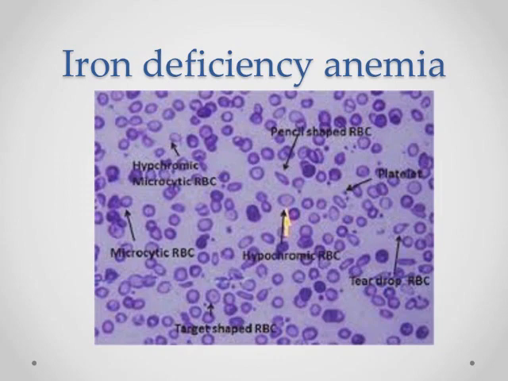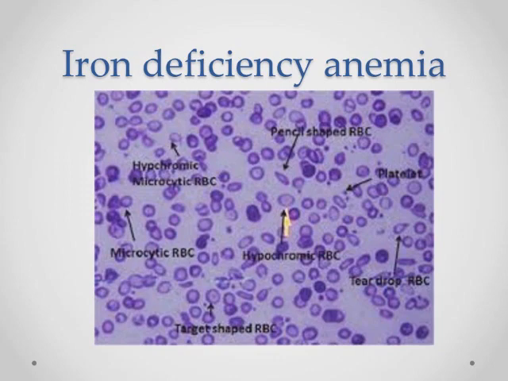Regarding the diagnosis of iron deficiency anemia, it depends on many factors, from the clinical picture of the patient and the CBC. In the CBC, this patient will have anemia with microcytosis and hypochromia of the red blood cells. If you read the indices, you will find a decrease in the MCV and MCH, and an increase in the RDW, the red cell distribution width.